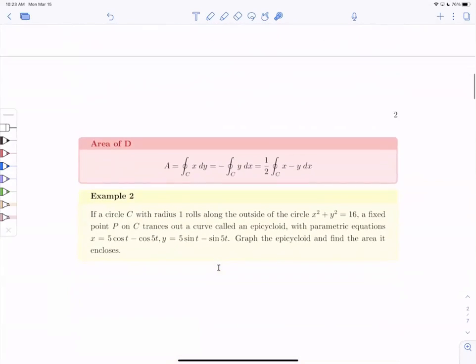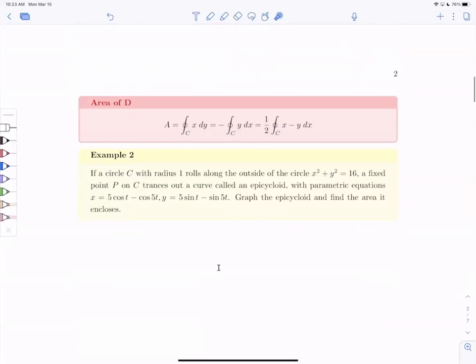Green's theorem also allows you to calculate the area of D, which you can do using either of the formulas here. Any one you like, just use one of them. So let's look at example 2.